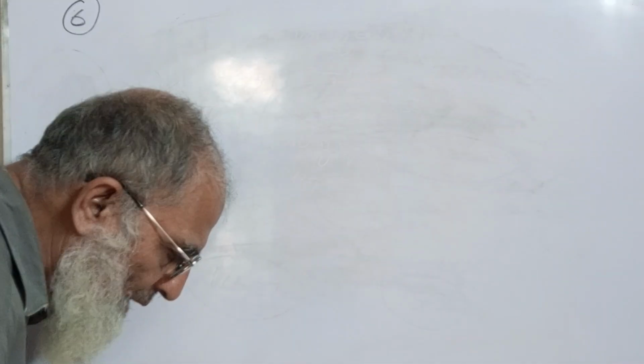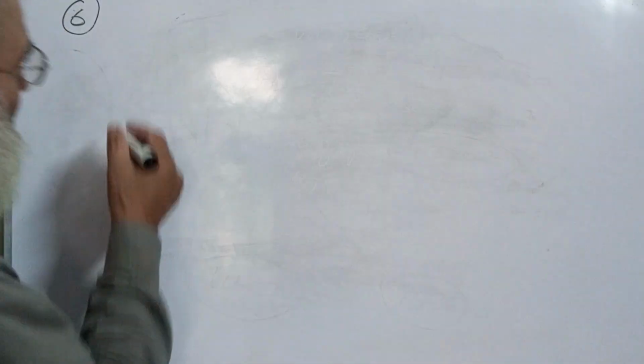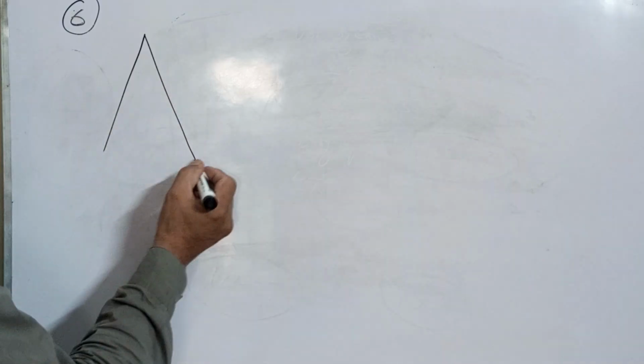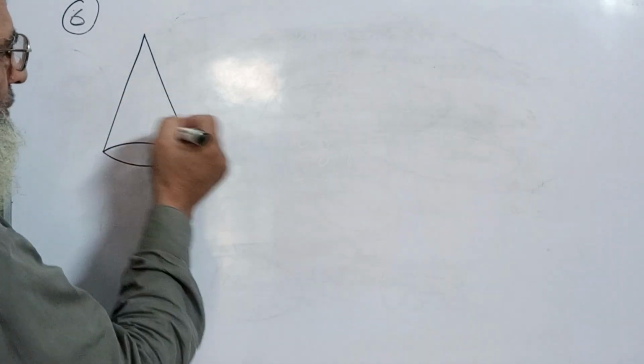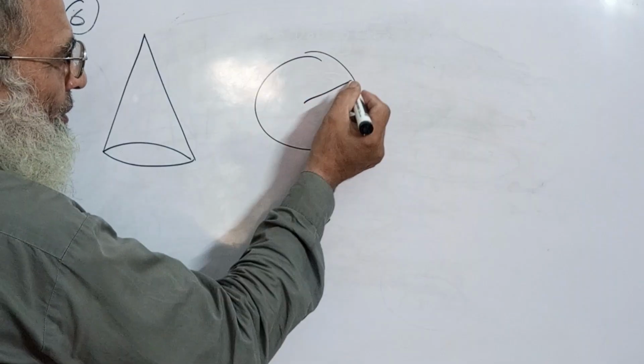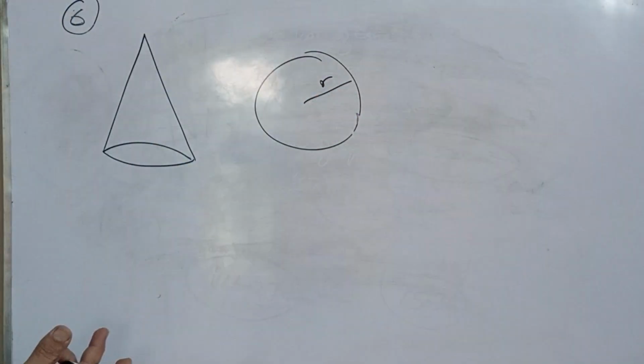The sphere and the cone are shown and have the same volume. Every question is of a different sort. Now this is a cone and this is a sphere, and the volume of both are equal.